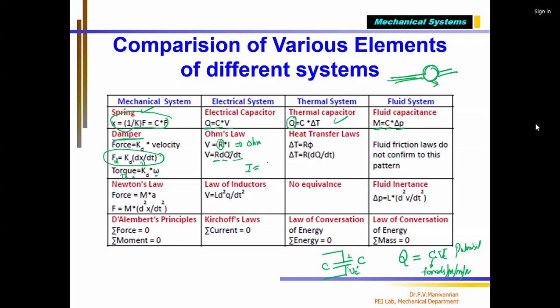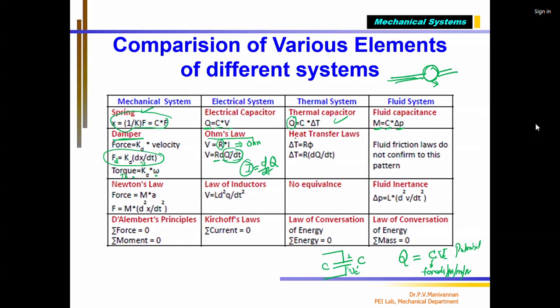I is nothing but d by dt of Q. Q is the electron charge. Electricity is the flow of electrons, and the rate at which charge moves in the wire is called current, I. So this is the resistor, energy dissipating.